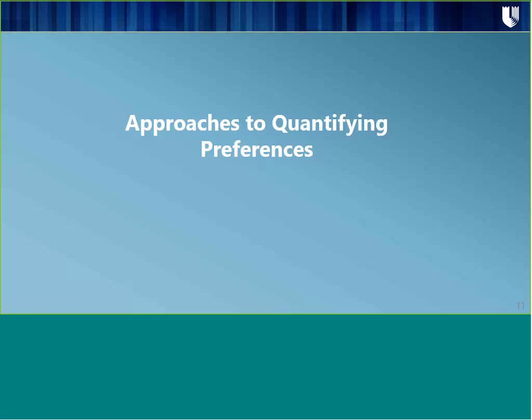So the purpose of the rest of the presentation today is to take you through the different steps that you need to complete in order to conduct a responsible and rigorous analysis of different kinds of stated preference data.